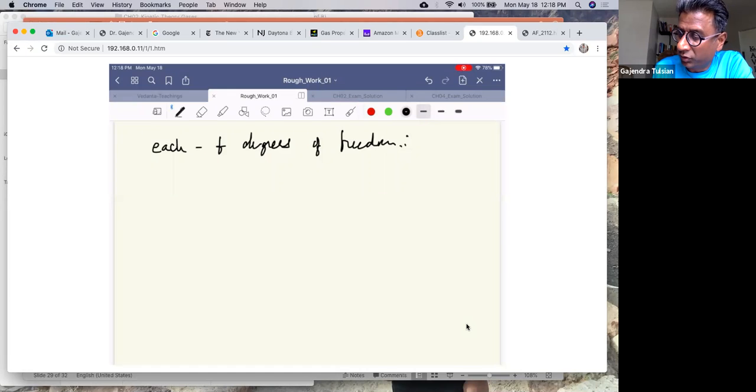So the energy of a gas is N times the number of degrees of freedom, and half kT is the energy contributed by each degree of freedom.